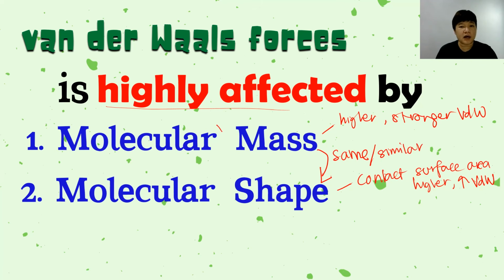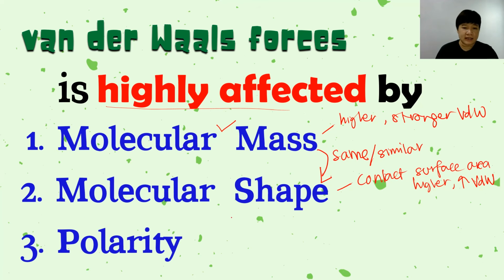If not, the molar mass itself can already determine which has stronger van der Waals forces without looking into the shape. Last but not least is the polarity. We only check the polarity if the molar mass is similar and the molecular shape is similar, with the condition that the two above cannot differentiate.